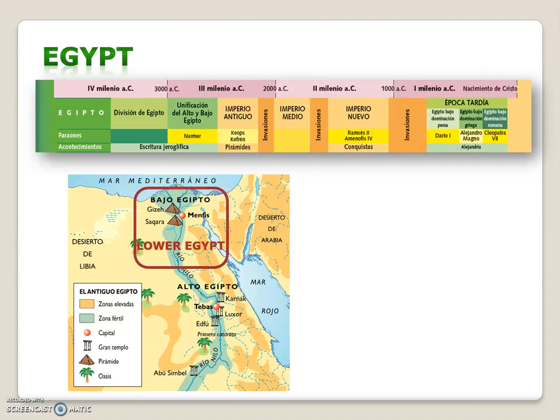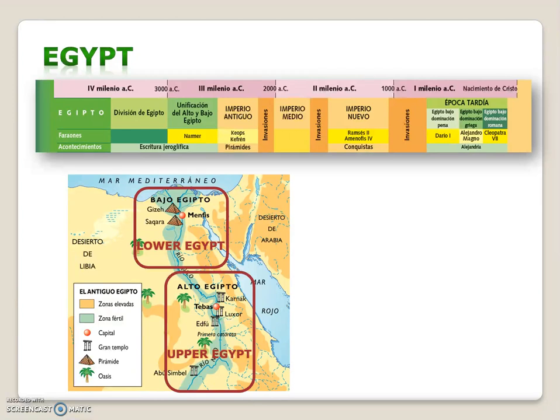On the north, the Lower Egypt Kingdom that occupied the area of the delta and the mouth of the river, and in the south, the Upper Egypt that controlled the area of the river.